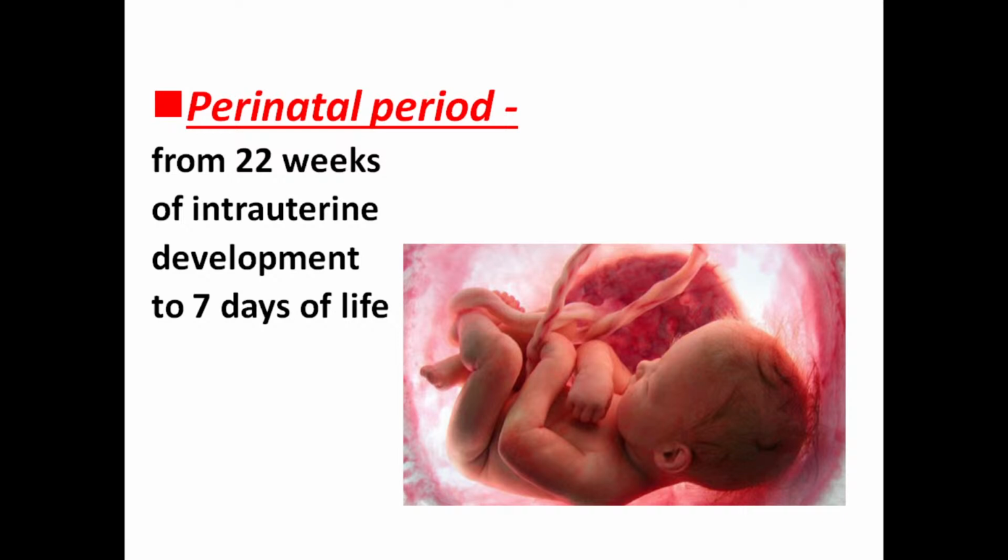Some pathogenic factors during the perinatal period can be the reason for perinatal mortality or other situations. Look at this: the perinatal period is not only the antenatal period, it's also the intranatal period and the postnatal period, which includes 7 days of life.